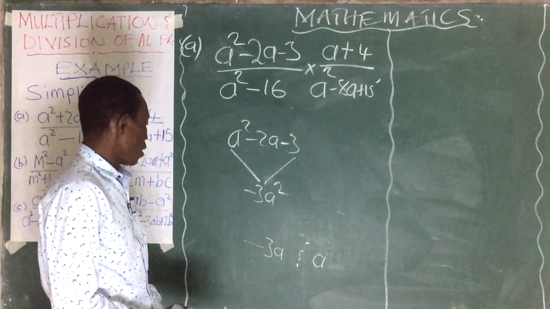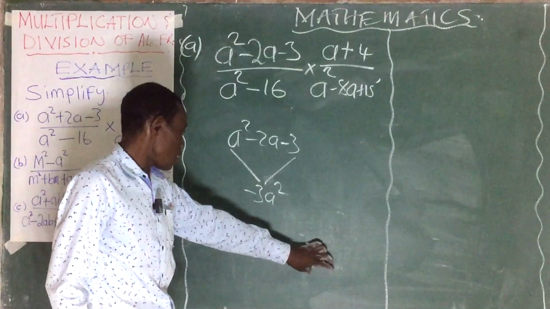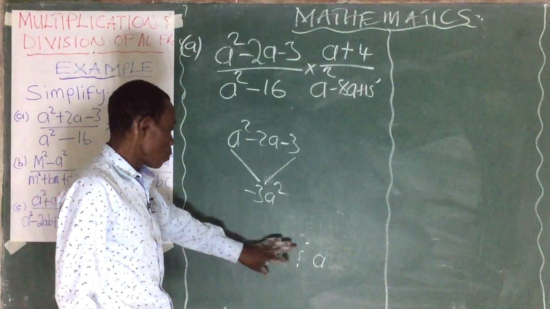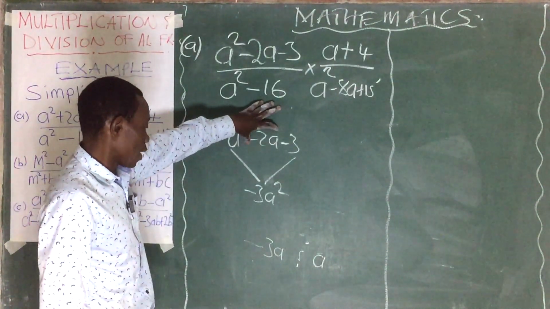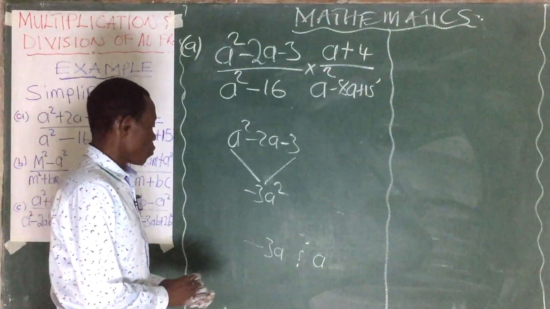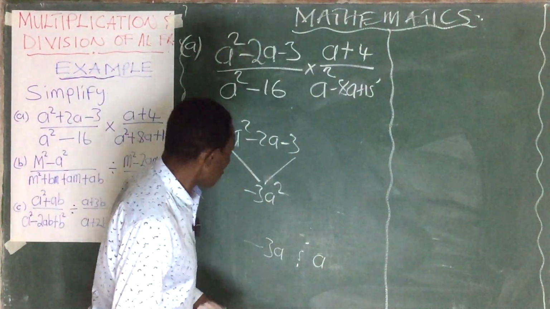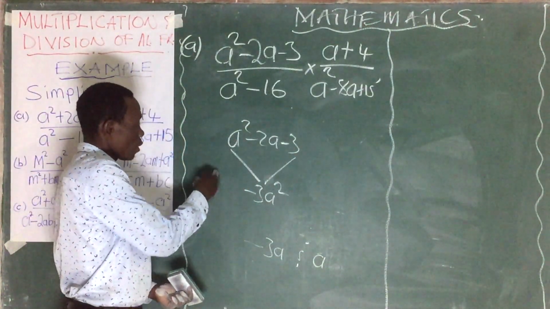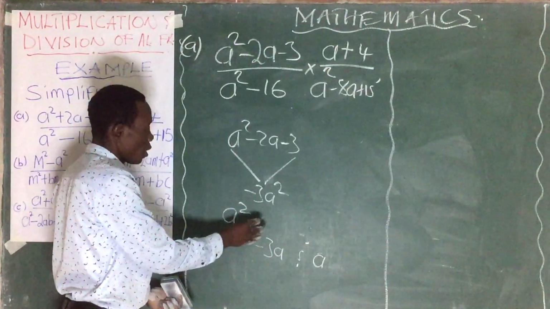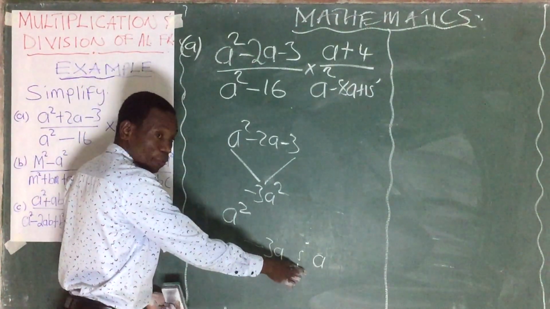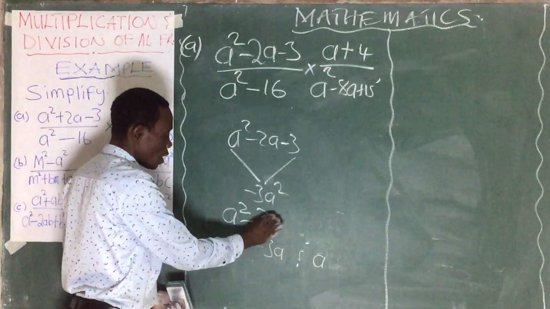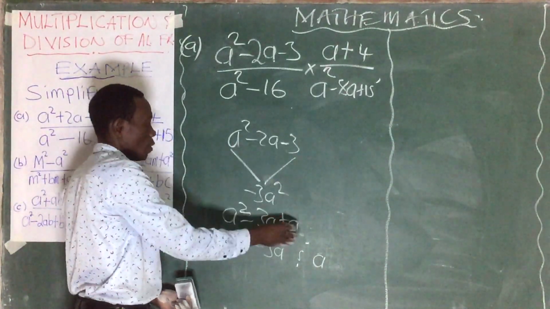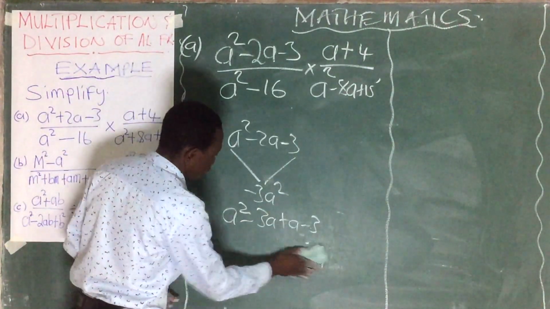Because when you multiply these, it gives this, and when you add them, it gives negative 2a. So instead of writing that middle term, you substitute the factors, which are minus 3a, then plus a, and then negative 3 as such.